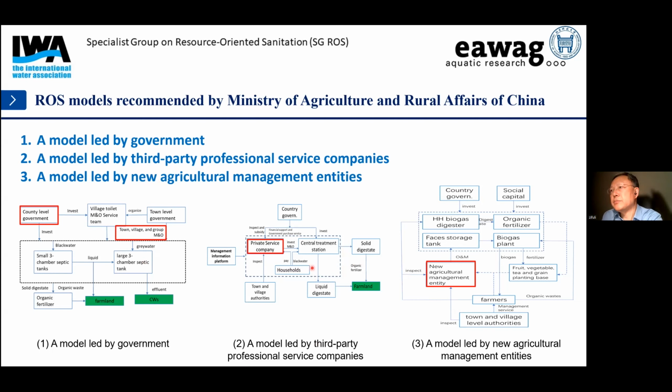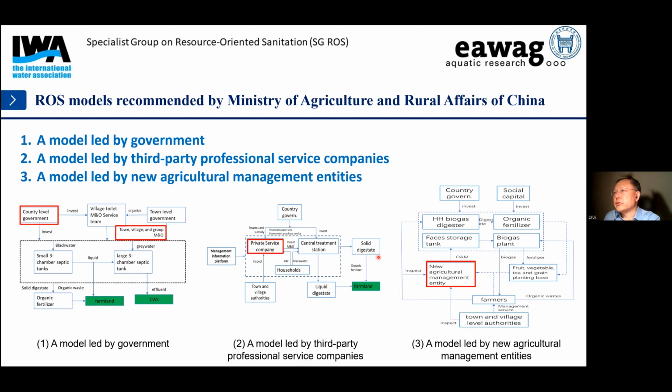And this is another model, led by a third-party professional service company. They are responsible for the operation and maintenance. The county government partly invests, and the private service company can also invest in the operation and maintenance cost and get payback from users.